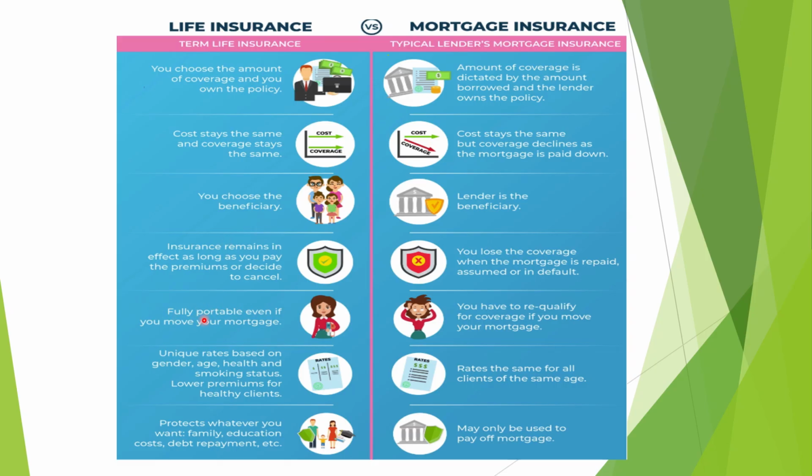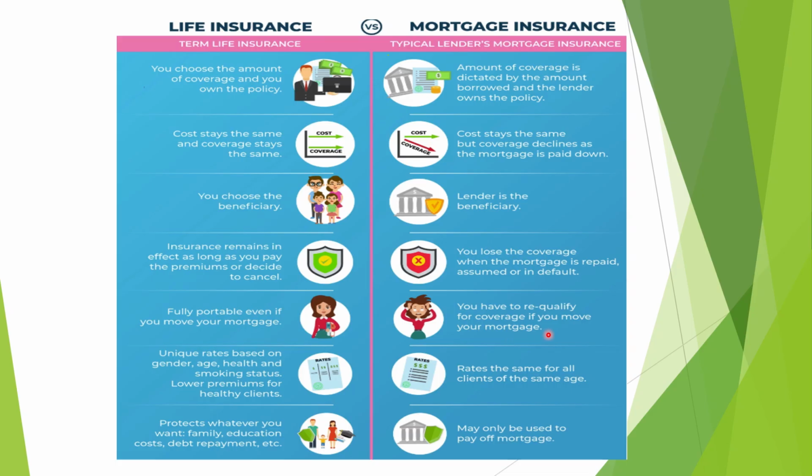Another good benefit of life insurance is that it is fully portable, even if you move your mortgage. Whereas with mortgage life insurance, you have to requalify for coverage if you move your mortgage. That means life insurance has nothing to do with your mortgage. Let's say after 5 years you change your mortgage, or you're moving from a townhome to a semi-detached; your insurance remains the same with life insurance.